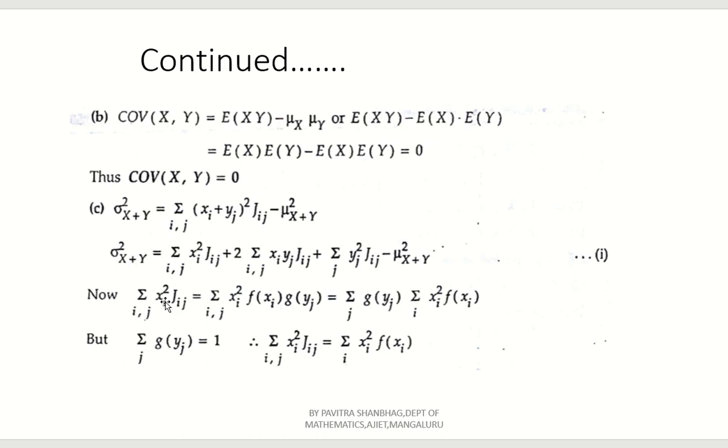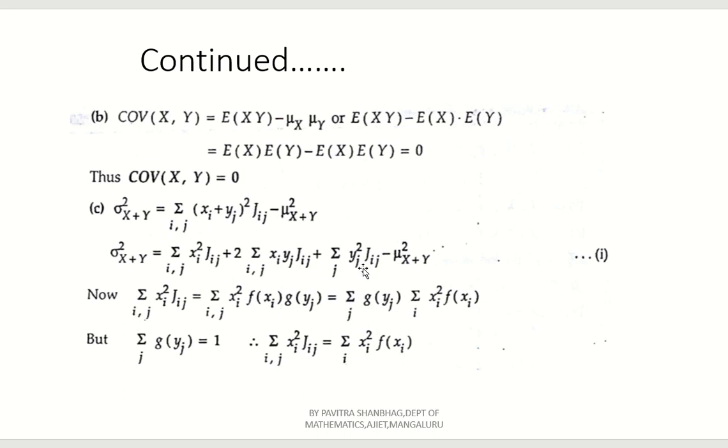So summation xi square pij can be written in the form of f(xi) into g(yj) because of independence, which we have already discussed. Similarly, yj square into pij can be written as summation yj square into f(xi) into g(yj).